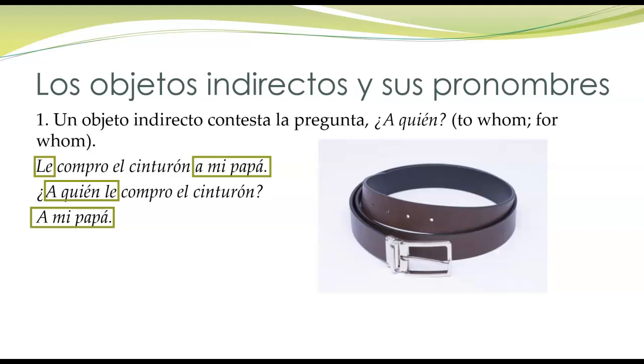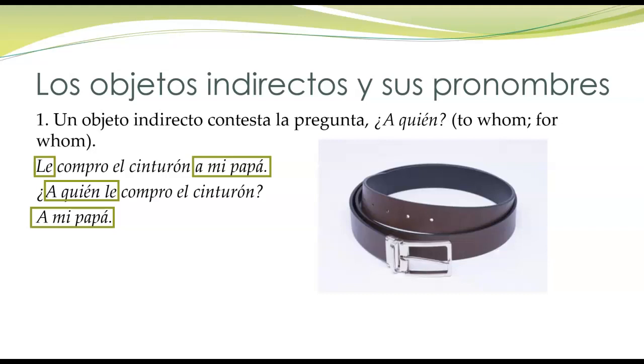Pero quiero explicar que un objeto indirecto contesta la pregunta a quién, o sea, en inglés, an indirect object is going to answer to whom or for whom an action is done. So, for example, le compro el cinturón a mi papá. ¿A quién le compro el cinturón? A mi papá.